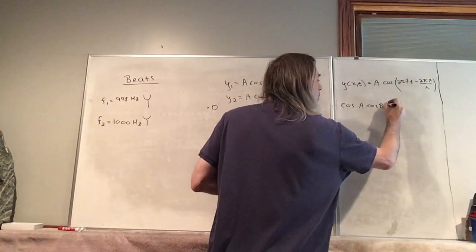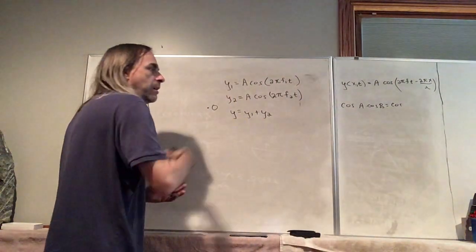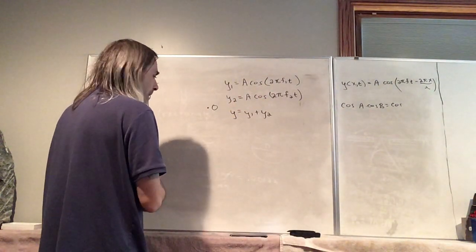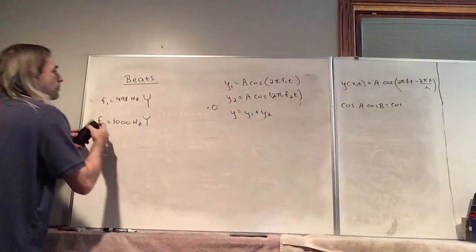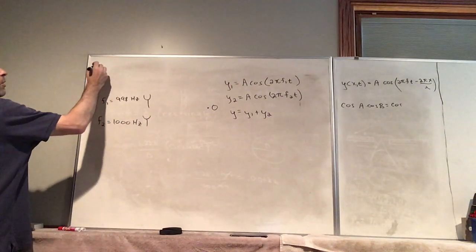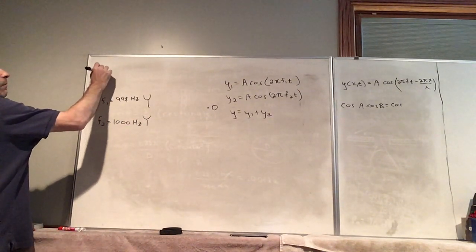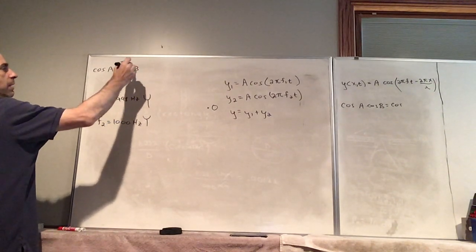That's equal to, I'm going to write it down somewhere else because I don't think I have room over here. Cosine of A times cosine of B.